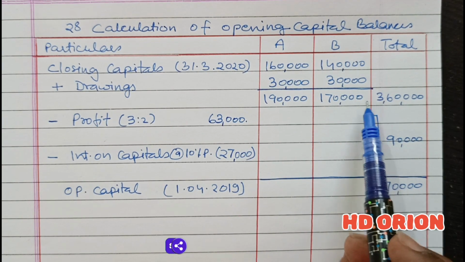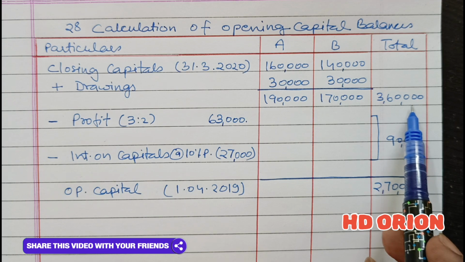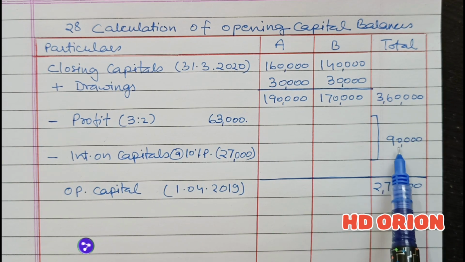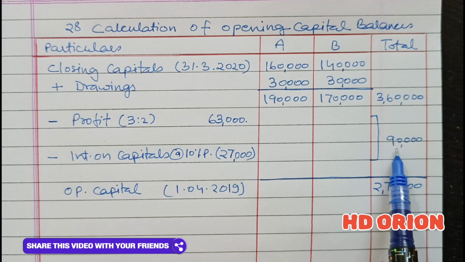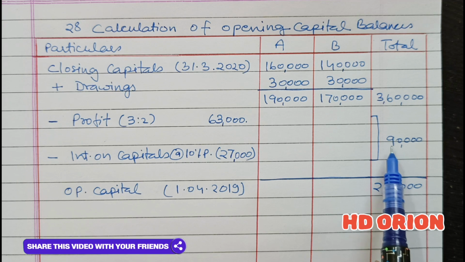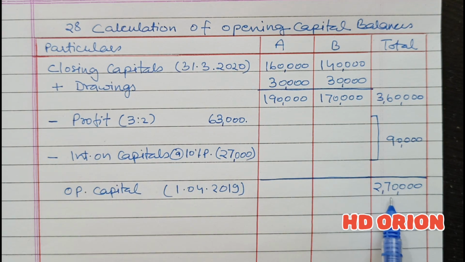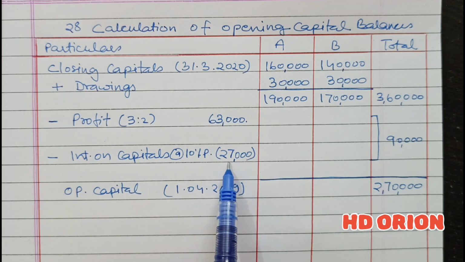You see here, after adding back drawings, the total is rupees 3,60,000, and in this 3,60,000, the net profit has also been added. Now if we subtract net profit 90,000, which is a combination of interest on capital and divisible profit, we get the balance, which is opening capital balance. And interest on capital has to be 10% of opening capital balance, which is 27,000.